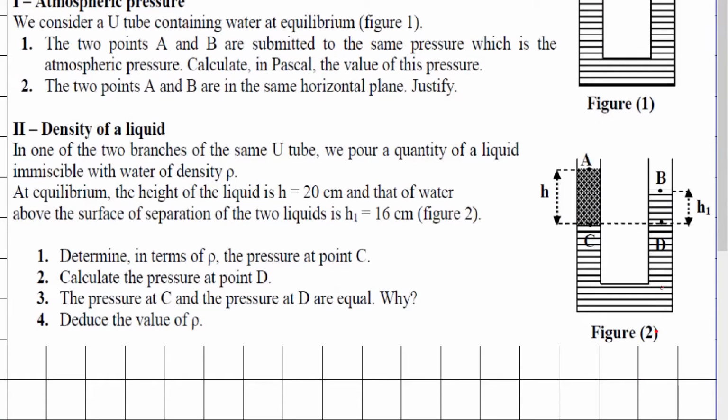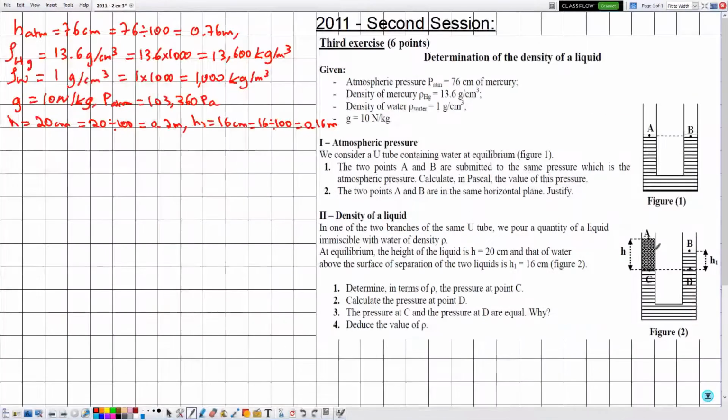So here what's happening is that we have poured water, and in the branch A, one of the two branches, a quantity of liquid immiscible with water. So this is the liquid L, this is water, and this is the unknown liquid of density rho, knowing that we are interested in determining the density of this liquid.